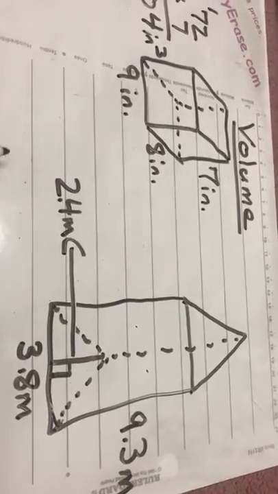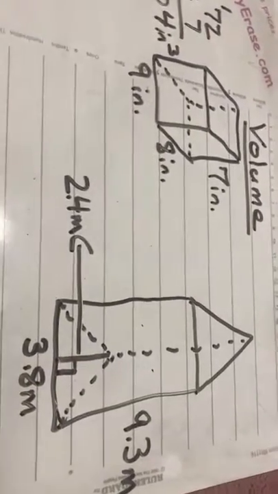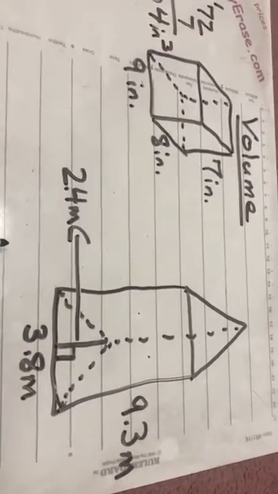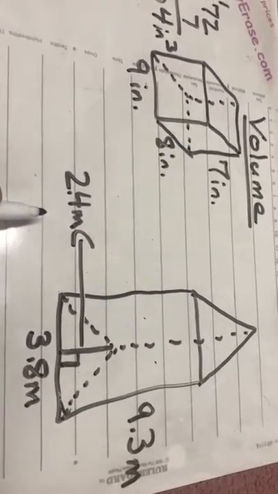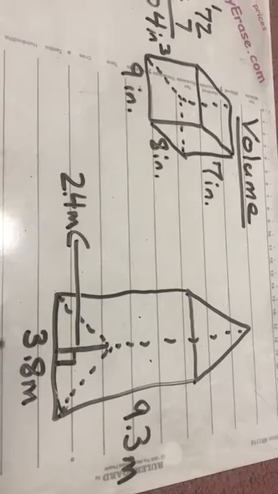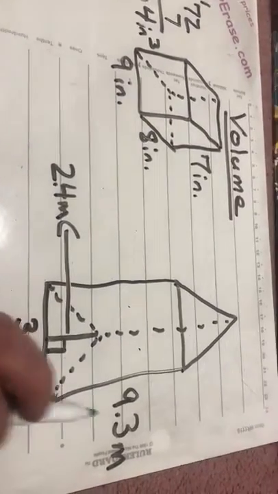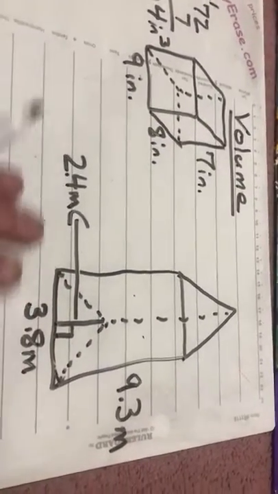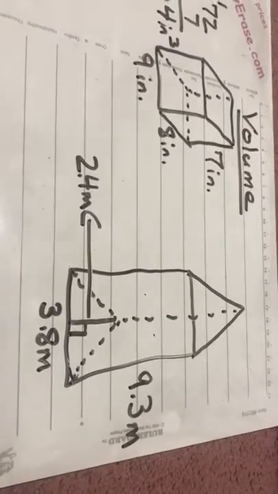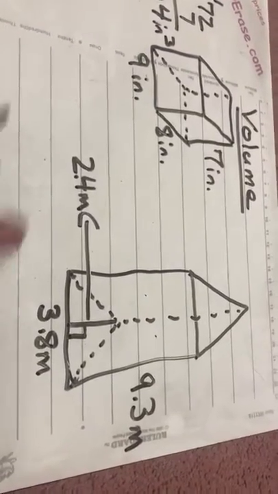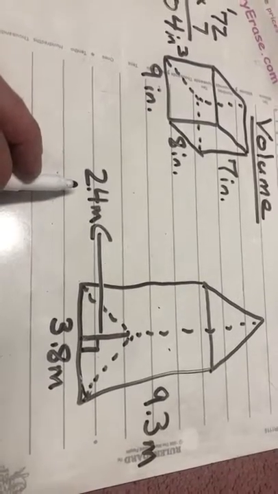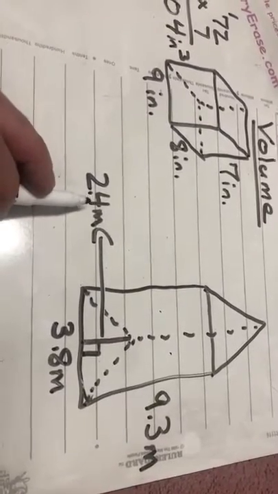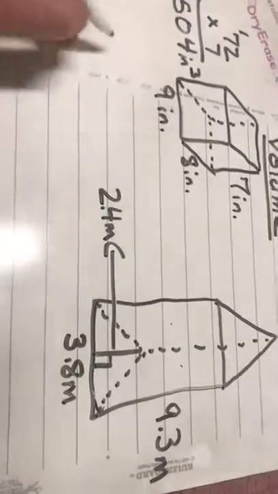So where do I want to start? Well, first off, I'm going to show you a little shortcut that I think is going to make your life easier. You can take one of these numbers and cut it in half. You can do your division by 2 early, and then you can just multiply. So if I'm thinking, okay, 2.4 ends in 4, so that should be divisible by 2.